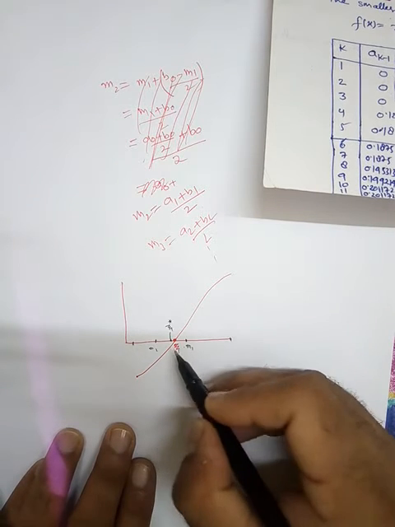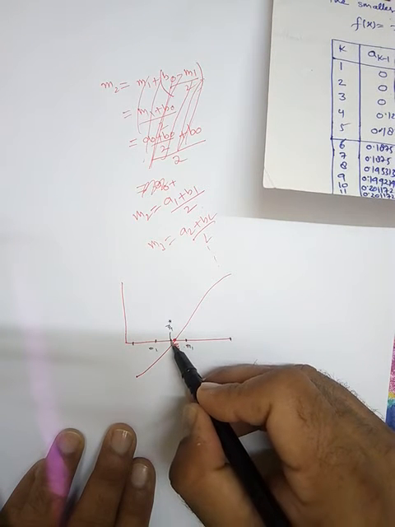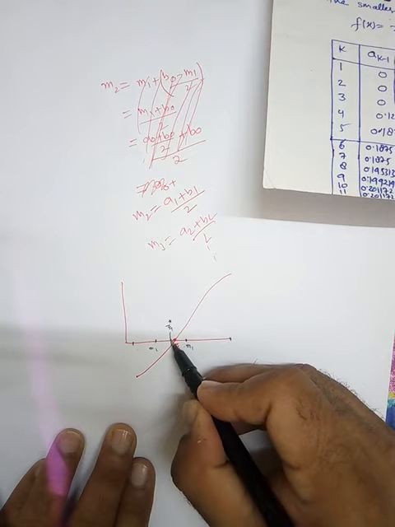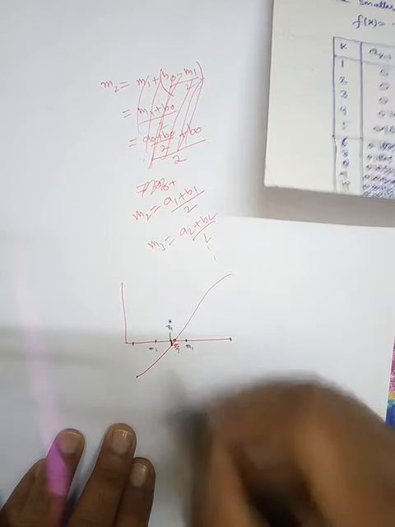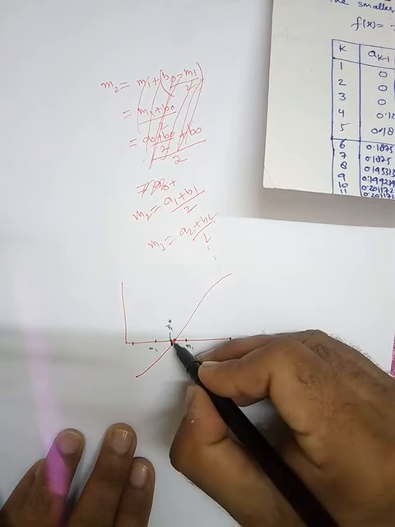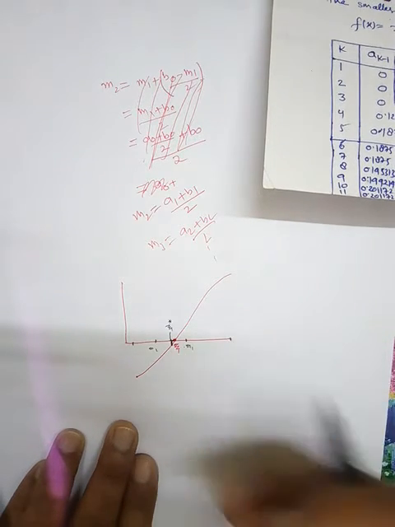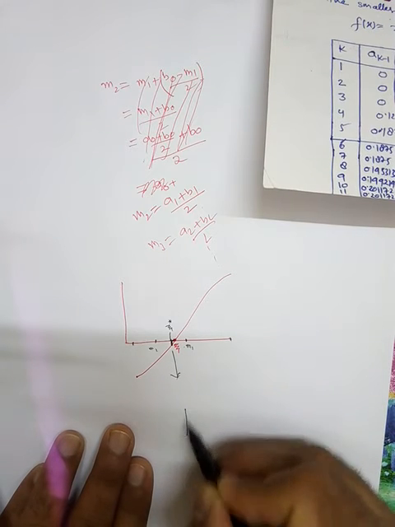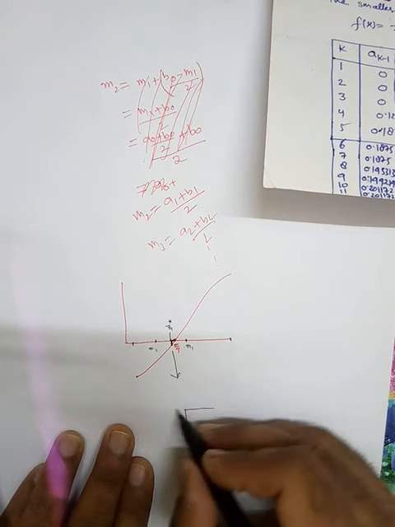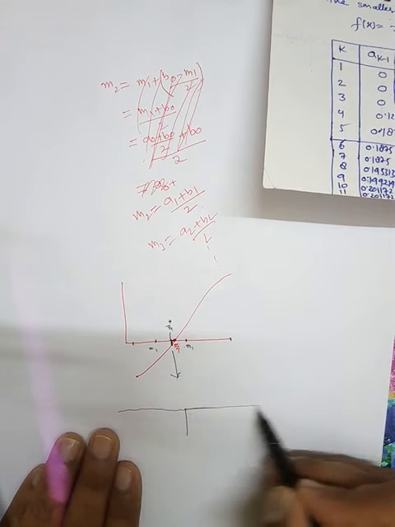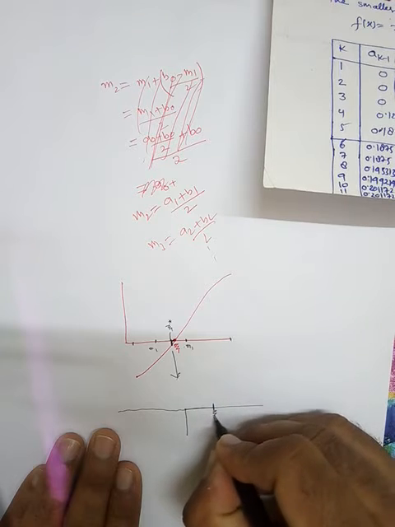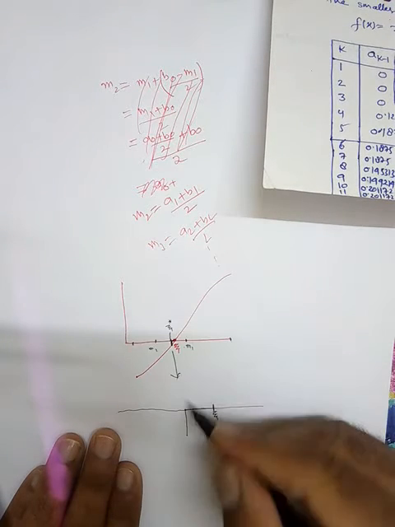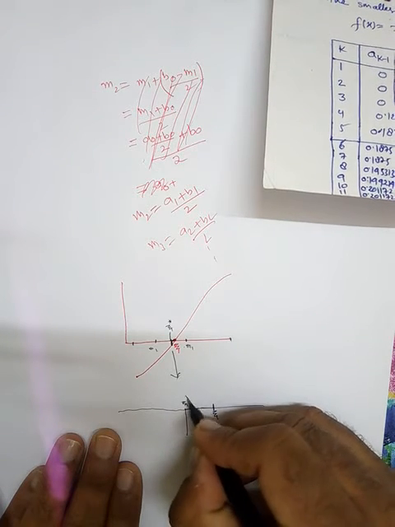If you see here this distance, and here we have this distance. If I zoom this, after zooming we have this type of pattern. This is the x-axis, this is your xi. Let me make it a bit bigger to understand. Here is xi star.